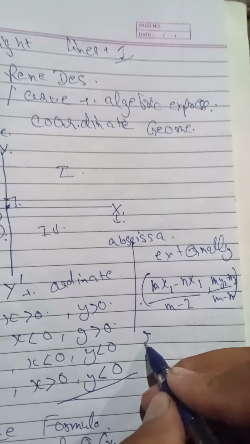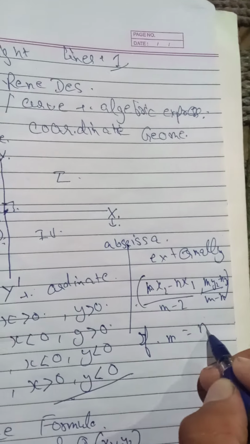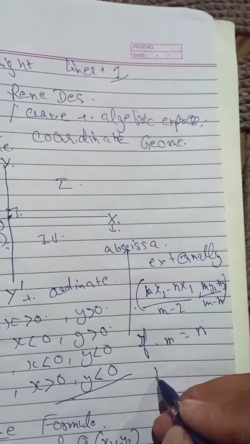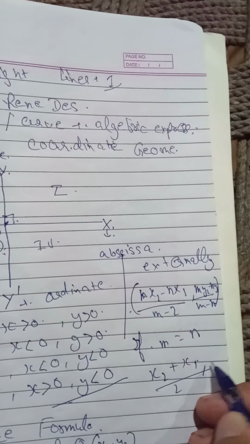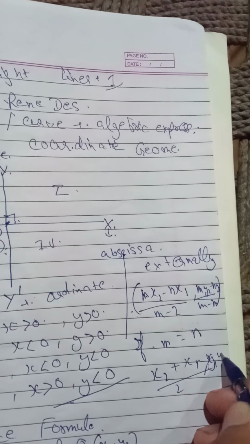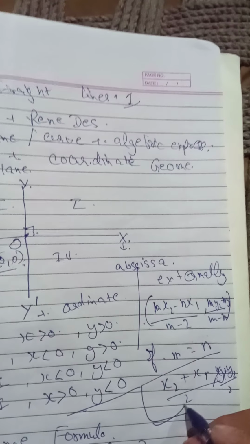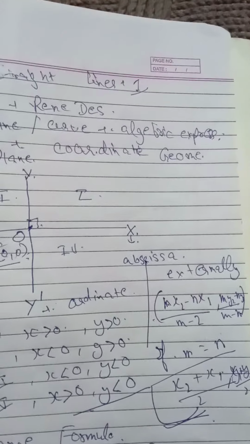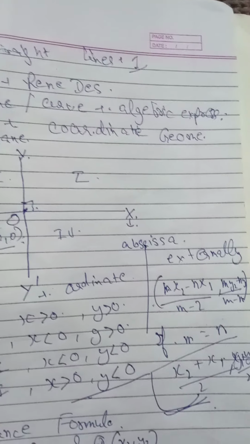And if a point divides into equal parts, meaning m is equal to n, then simply (x2 plus x1) by 2 and (y1 plus y2) by 2. The midpoint formula is only valid for internal division. It is not valid for external division, and it is not possible.